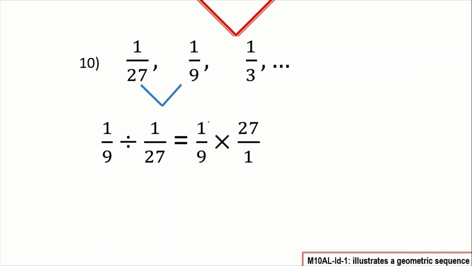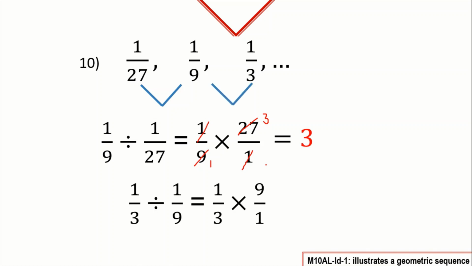Again, pwede nating i-cancel to. This is still equal to 1. Then, itong 27 and 9, pwede natin i-divide by 9. So, 9 divided by 9 is 1. Then, 27 divided by 9 is 3. So, ang magiging kalabasan ay 1 times 3 is 3, then 1 times 1 is 1. So, 3 over 1 or 3.